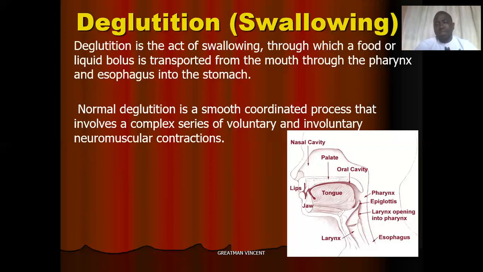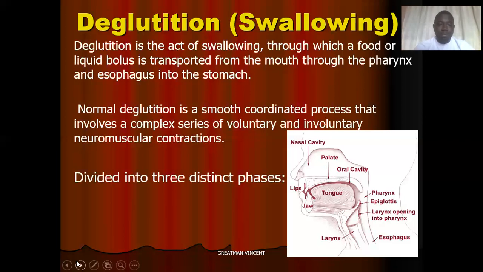Just as I said, at the end of the day, you realize that when we talk of digestion, it's not just one thing simply going through like that. There will be a lot of contractions that will take place. At the end of the day, we'll get to where we want to get to. Now, because of this, swallowing or deglutition has been partitioned into three distinct phases.